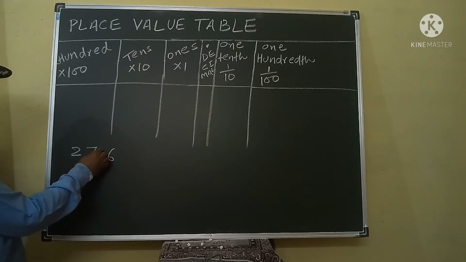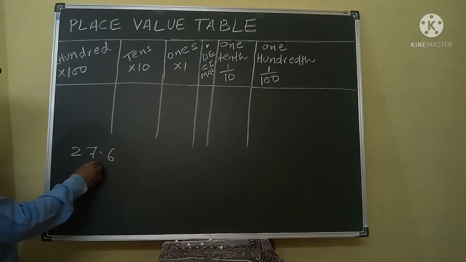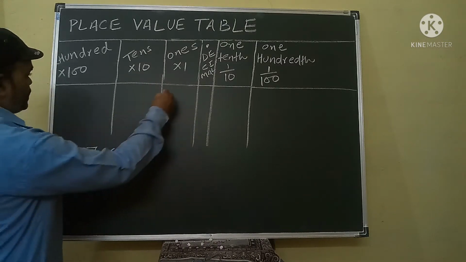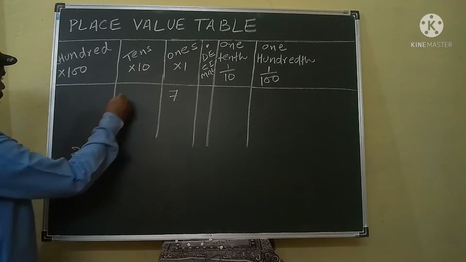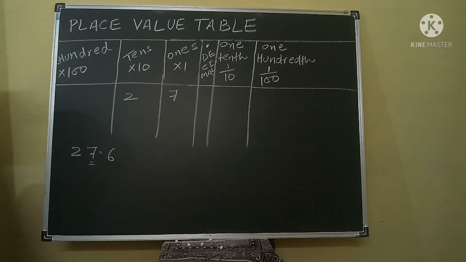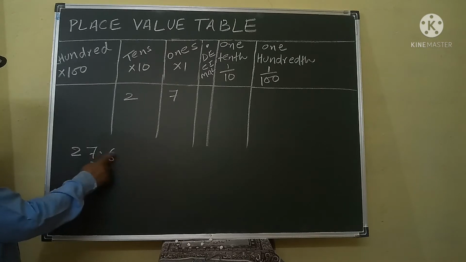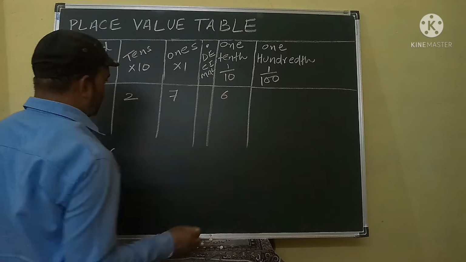In this number, 7 is in the ones place value and 2 is in the tens place value. After the decimal point, on the right side, this is 6.